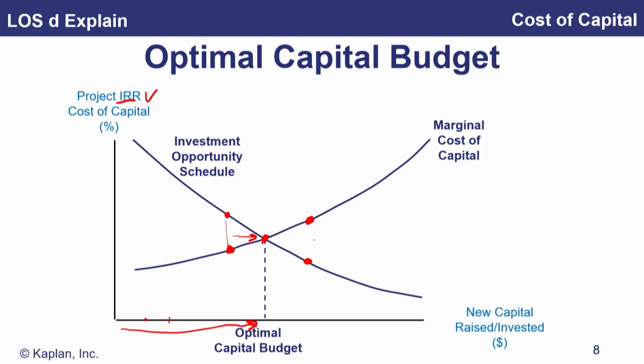So that means these are all negative NPV projects from here on over. So this is our optimal capital budget to maximize the expected value of the firm.